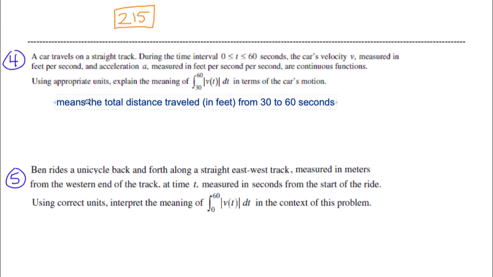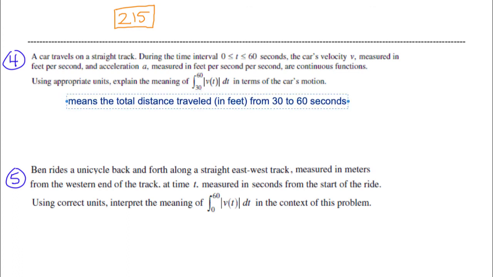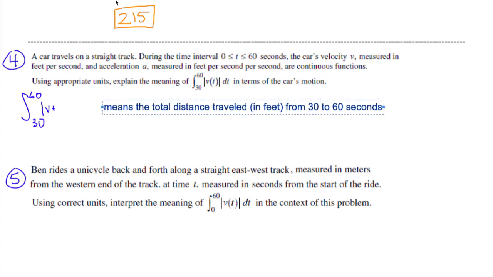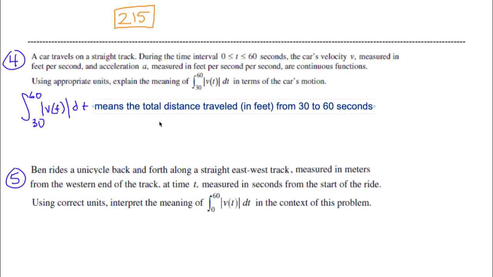I'm going to move that over a little bit so I can rewrite the integral between 30 and 60 of the absolute value of v(t) dt. That thing means the total distance traveled.